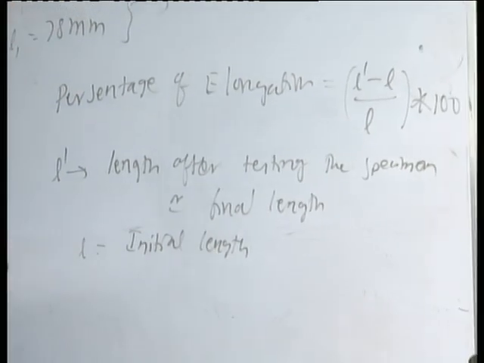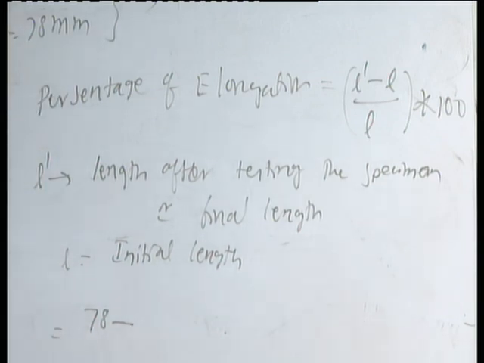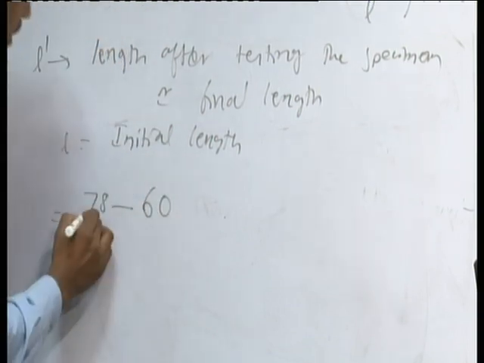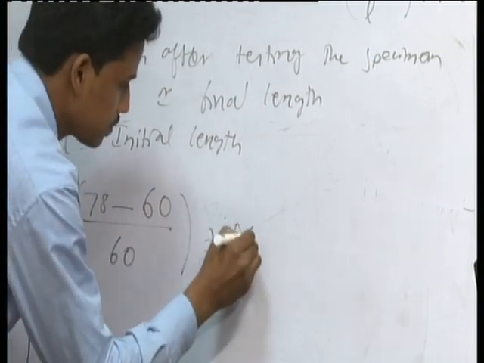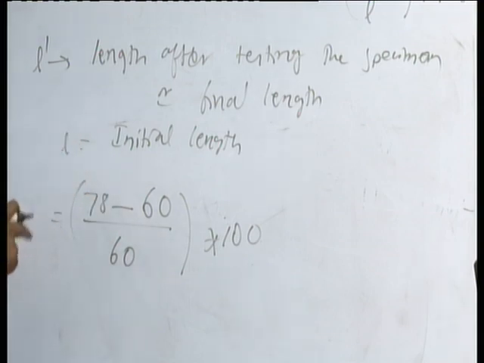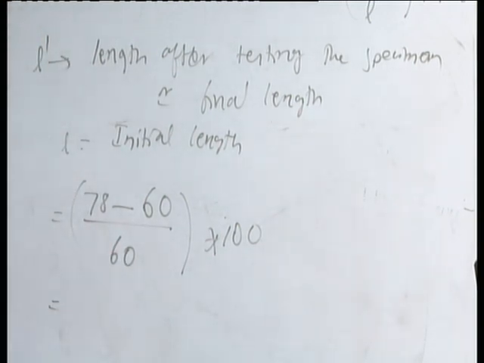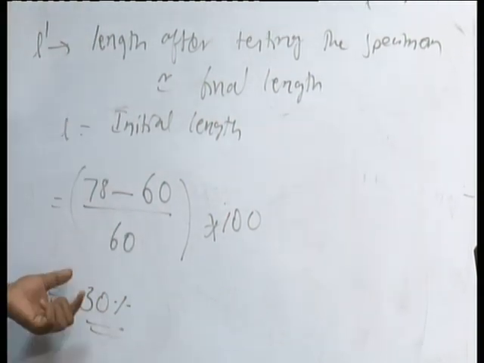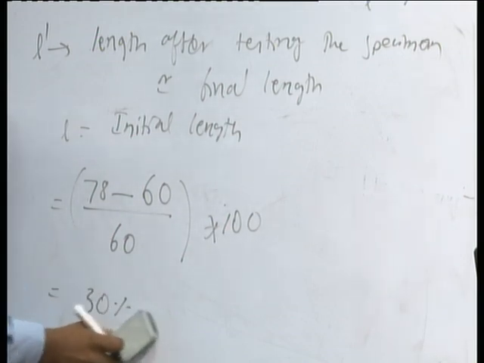Substituting, L dash is 78 mm, so 78 minus 60 divided by 60 into 100. If you simplify this expression, we will get the percentage of elongation as 30%. That means 30% of the bar is elongated due to the applied loads.